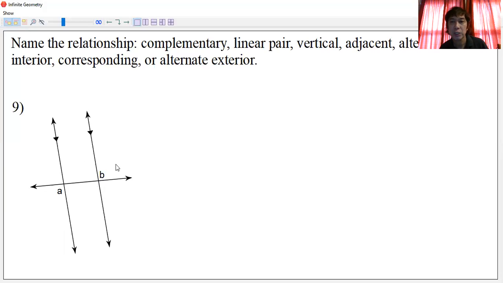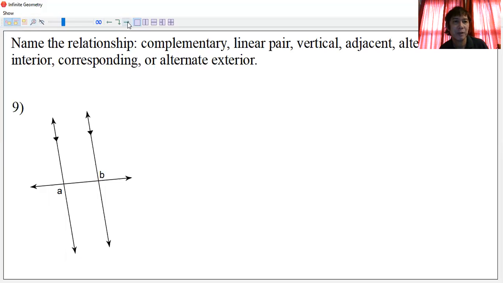So you call this alternate exterior. That should be the name. Well, you have to know the names of these, because in computation, you'll be needing their meanings. So this is what you call alternate exterior. All right, that's it for number 9.